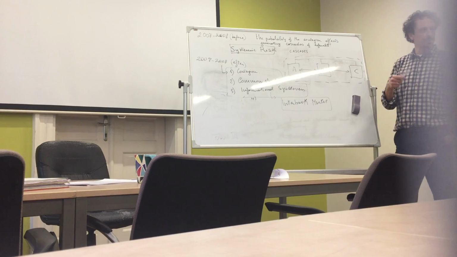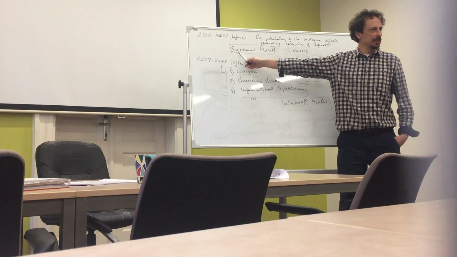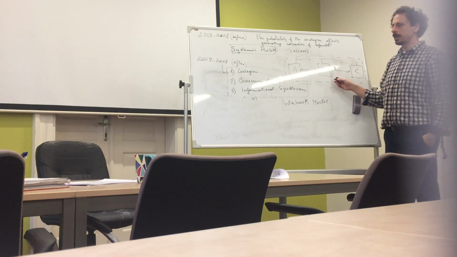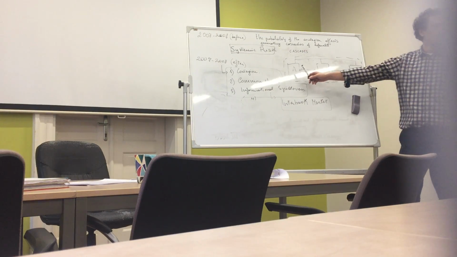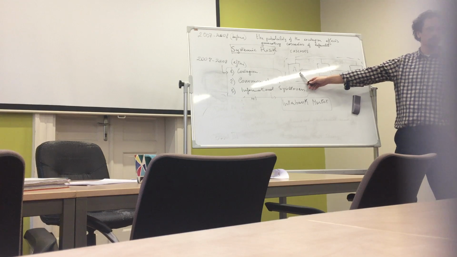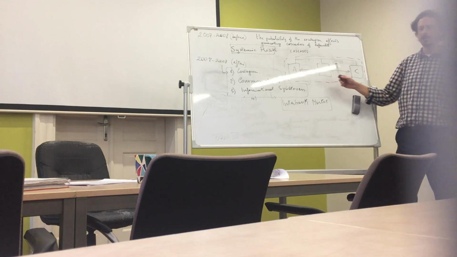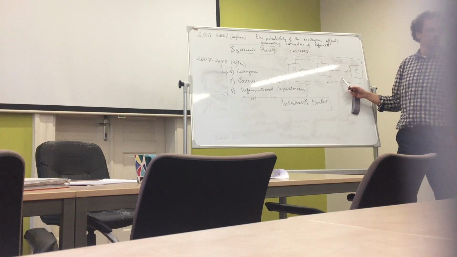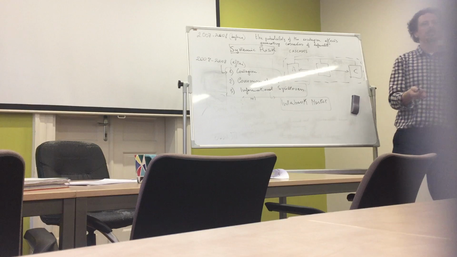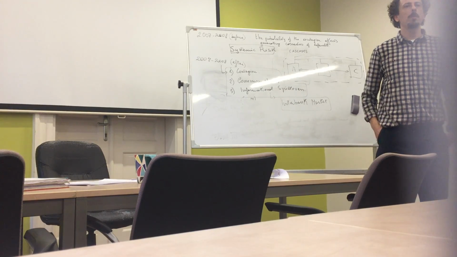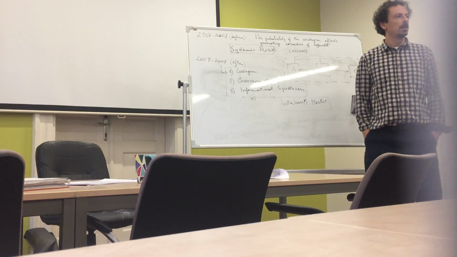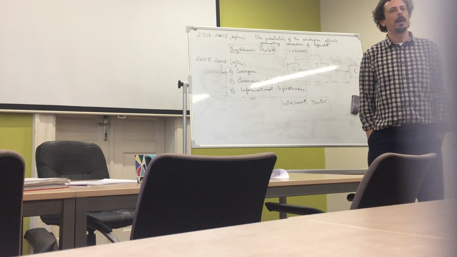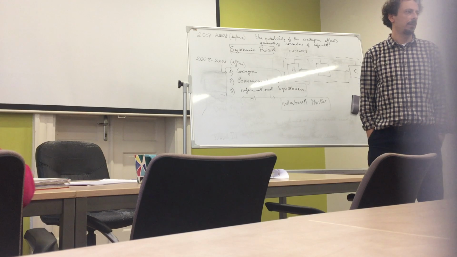So the risk in terms of systemic risk was calculated as the probability that B fails if A fails. What's the probability that C fails if A and B are failing? Put it in a very simple example. What is the probability that Česká spořitelna fails if Komerční banka fails?